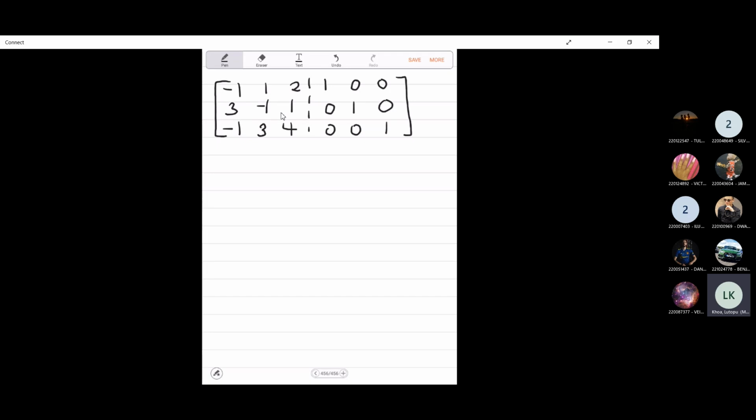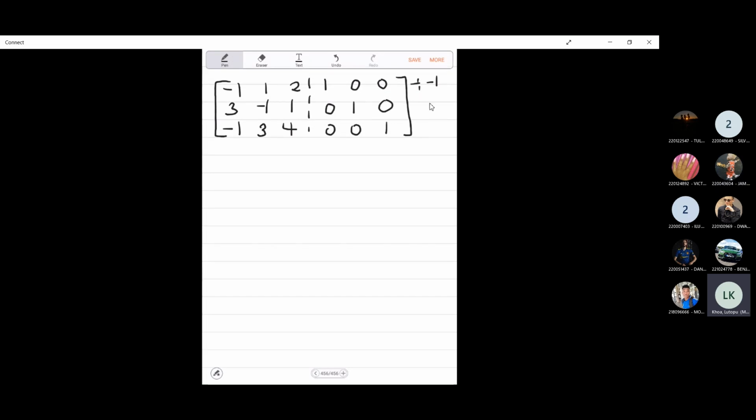Okay, so first thing we can do is divide this first row by -1. So we are going to divide this by -1. Remember, write down whatever it is you are doing so that anybody who's reading your work can actually follow and understand how you got to the next matrix.